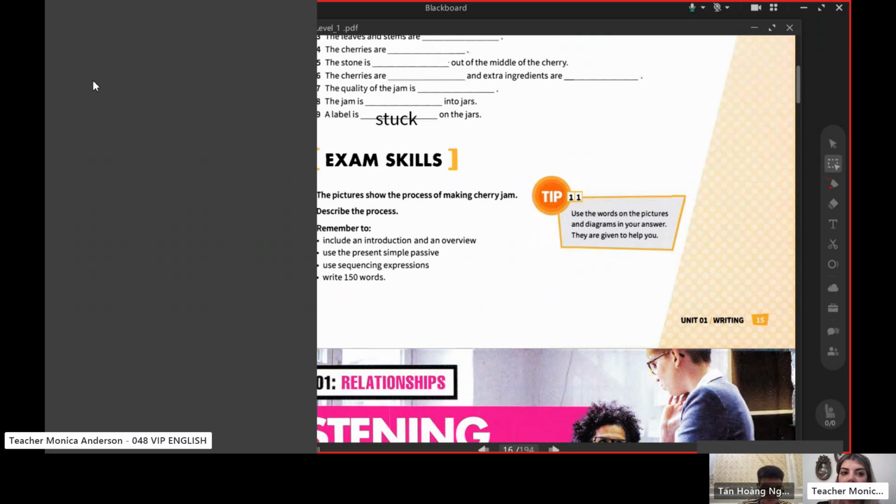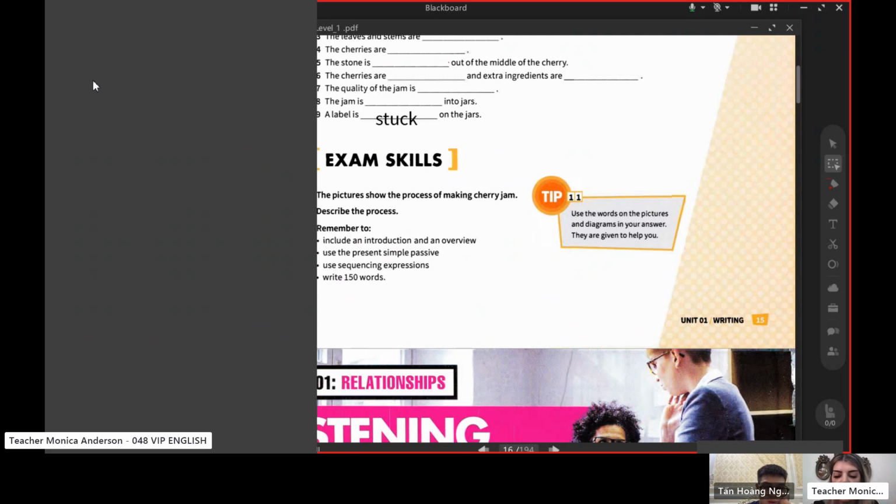Then you need to consider grammar. That is really important. For each diagram, we use a different tense. For example, next writing session, maybe, we will talk about maps. For map writing, we have a different tense. For process, we need to consider present tense, especially present simple, and definitely present simple passive.